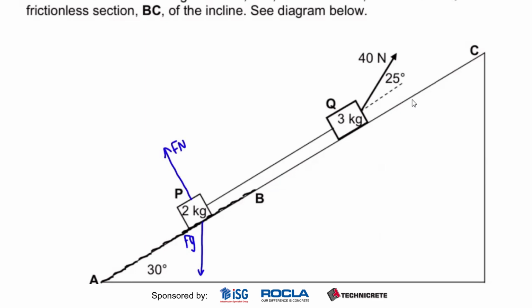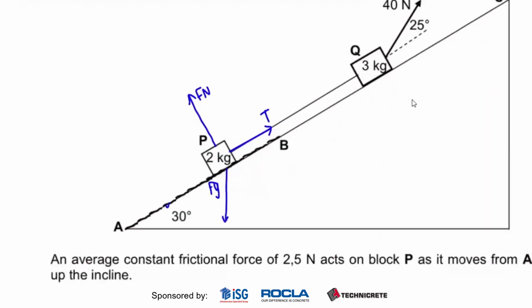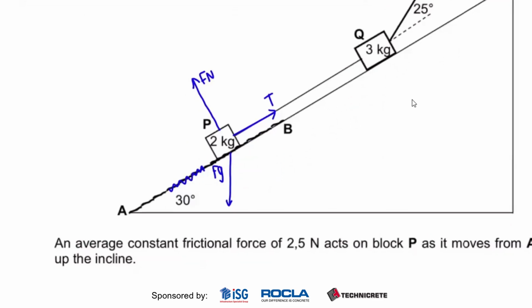So normal force, normal. Then we have the force of the string pulling this block P up the slope. So the force of tension. We can just write tension, T. And then we have been told that this is a surface that has friction. We've been told this, an average constant frictional force.